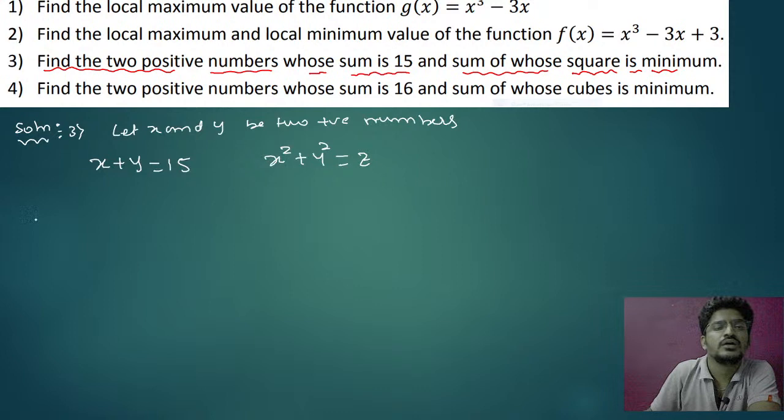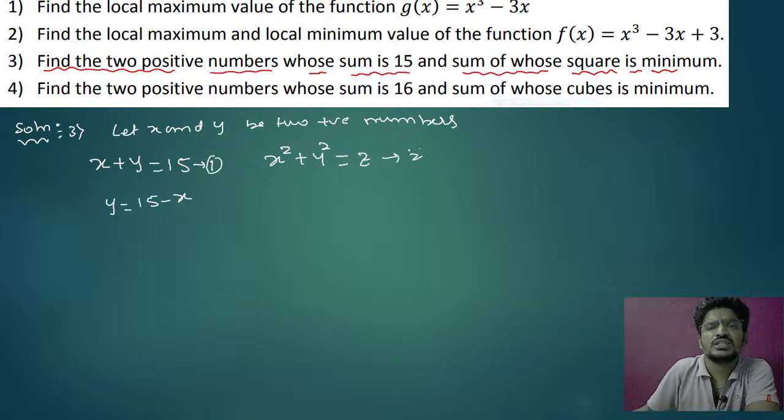Now y will be equal to 15 minus x. I can use it in the second equation. Take this as 1, take this as 2. So x square plus 15 minus x whole square equal to z.